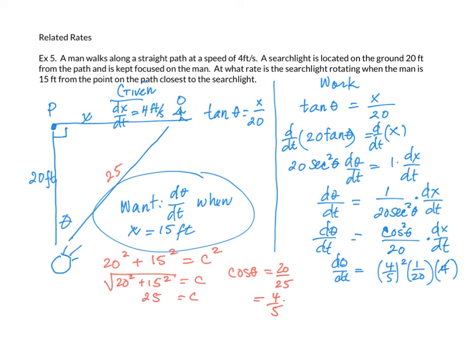We can cancel the 4 with 20, so 5 as the denominator. And 4 squared is 16, divided by 5 squared is 25, times 5. d theta dt is 16 over 125 radians per second. And that is the rate, how fast the searchlight is rotating.